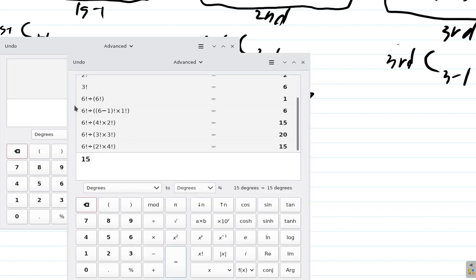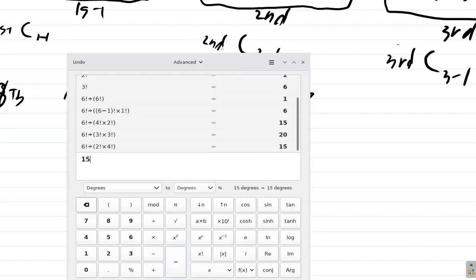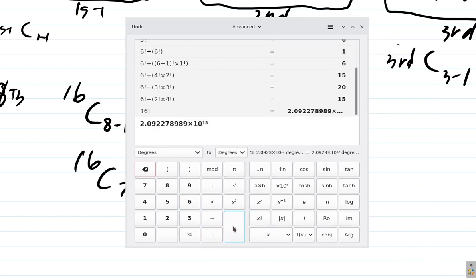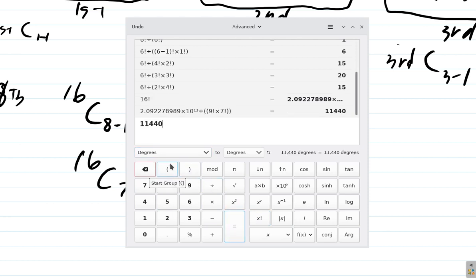If it's too large, we just leave it as 16 C 7. So 16 C 7 is going to be 16 factorial over 9 factorial times 7 factorial, where 16 minus 7 is 9. That equals 11,440.